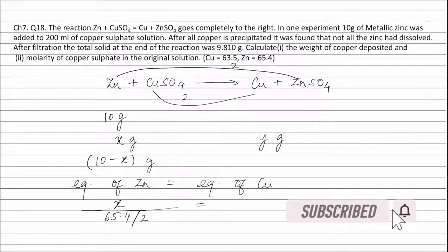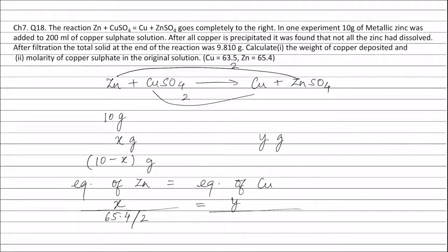Equivalents of copper will be weight of copper, that is y grams, divided by equivalent weight of copper. The equivalent weight of copper will be atomic weight of copper, that is 63.5, divided by valency factor of copper, that is 2, and this is equal to x by 65.4 equals y by 63.5.